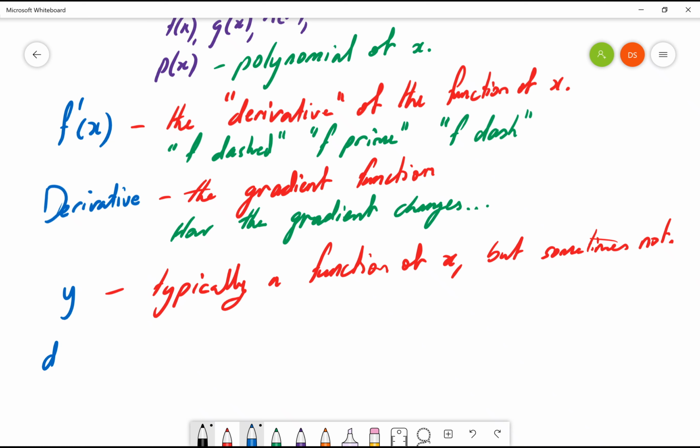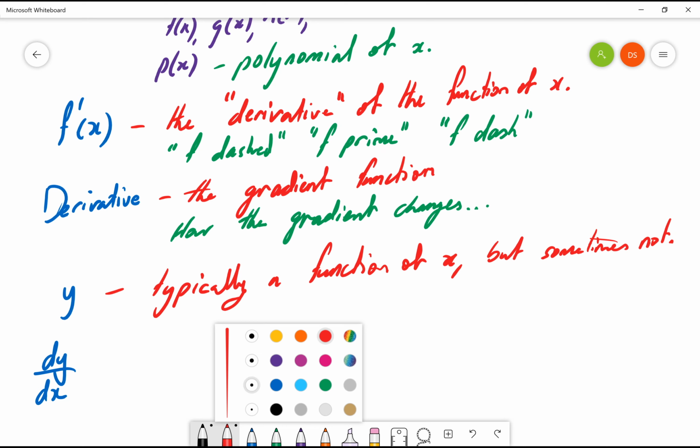Once again, dy over dx. Once again, from the other day, it's the change in y over the change in x, where d is little delta, because it's looking at the little change in y over the little change in x. Very small changes in y and changes in x, that is why it's a gradient function. Because the smaller the change in y and the smaller the change in x, the more accurate your gradient is.